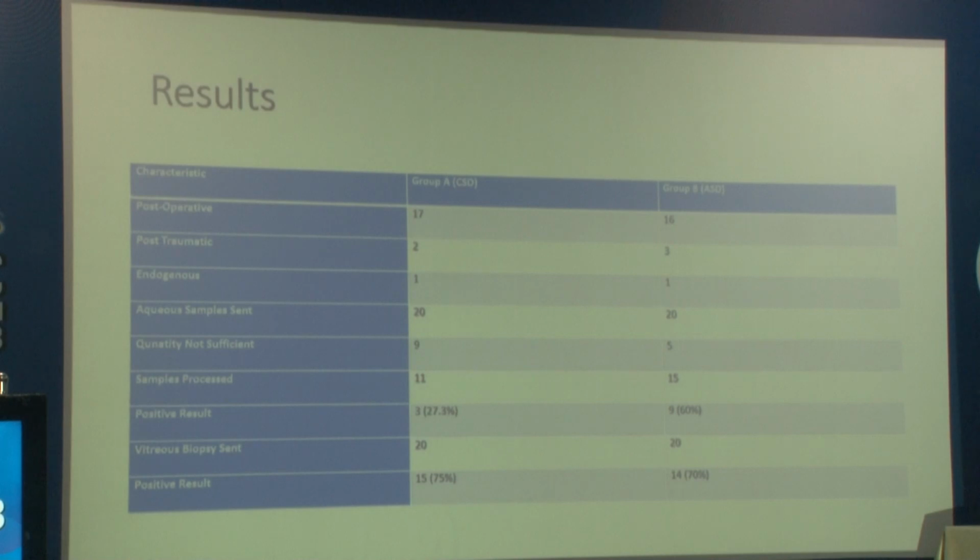So samples processed ultimately were 11 in group A and 15 in group B. Positive results came in 3 patients in group A and in 9 patients in group B. Vitreous biopsy was sent in all 20 cases in each group, and results were almost the same: 15 were positive in group A and 14 were positive in group B.